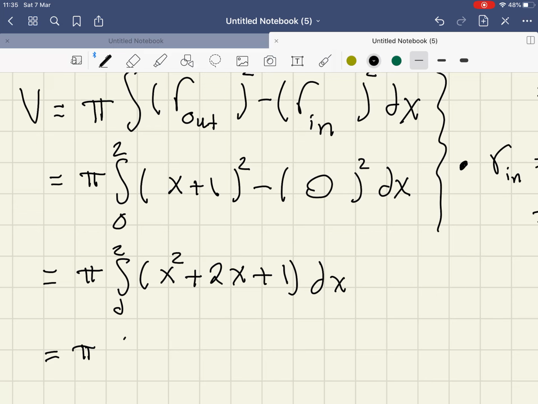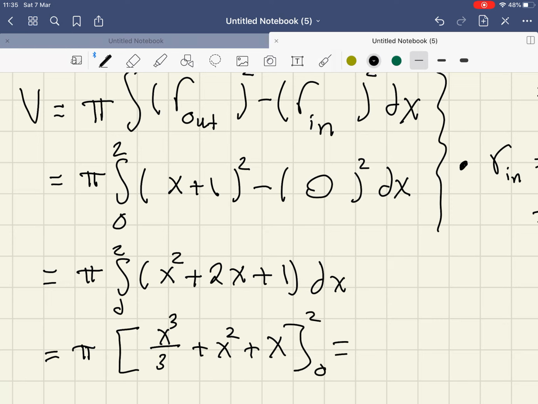And then you just have to write pi integral from 0 to 2. Oh no, we don't need the integral sign now because I'll just do the integration all at once. x cubed over 3 plus x squared plus x, and this is from 0 to 2.